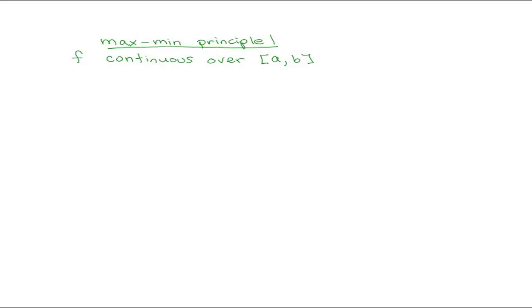All we need to do is look at the critical points and the endpoints, find the function values at those points, and the highest function value is going to be the absolute max, and the lowest function value is going to be the absolute min.